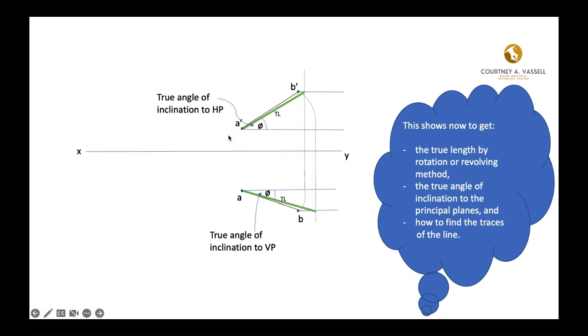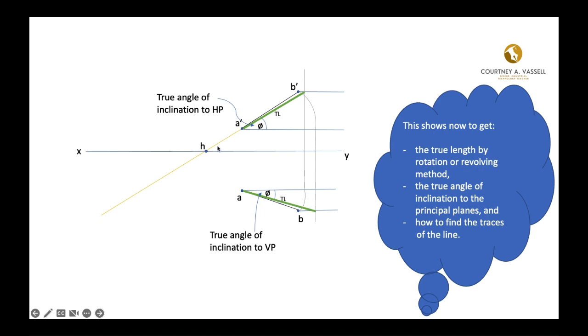We're going to extend this line here, our trace. Remember, this is VP, and this is HP. So when we come from VP, we're going to get H. Once the trace intersects the XY axis, we're going to get H. So that point there will be H.